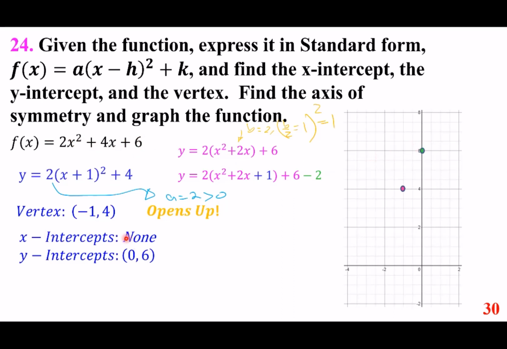But why is it that we don't have any x-intercepts? You can set this equal to 0, and it doesn't give you any answer because, let me just remind you, if you set this one equal to 0, you can calculate b squared minus 4ac, and that is a negative value because it's 4 squared minus 4 times a, which is 2, times c, which is 6.